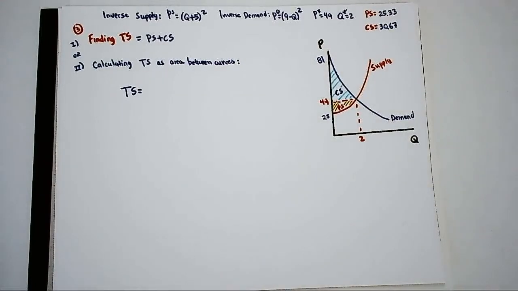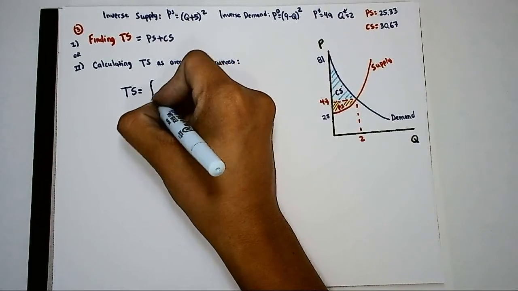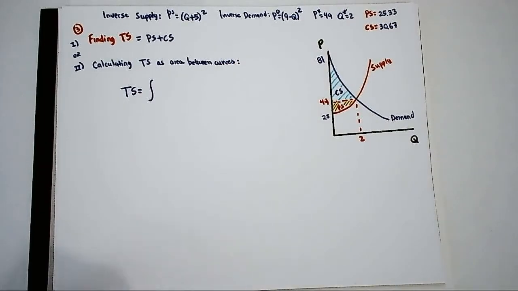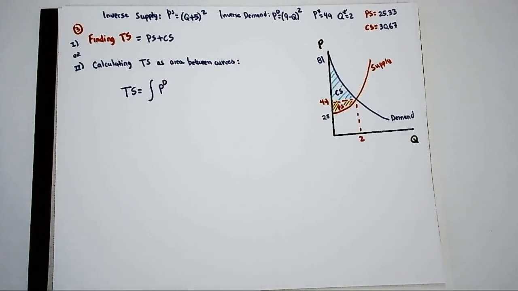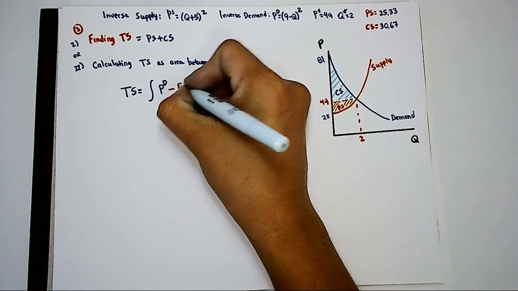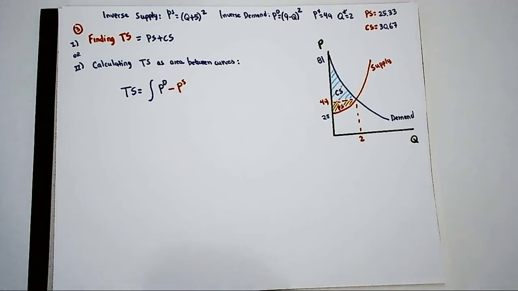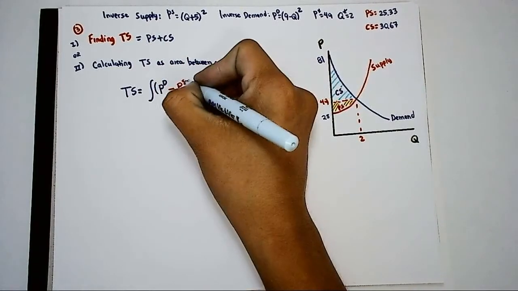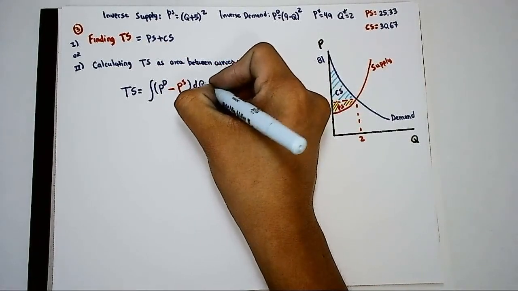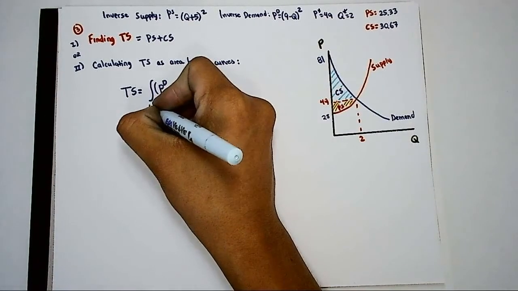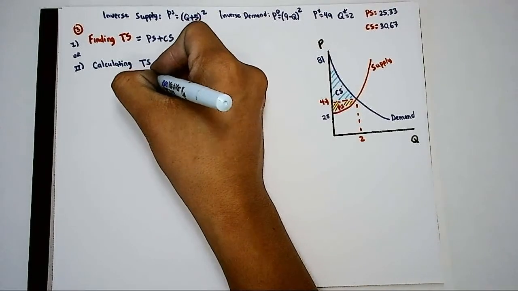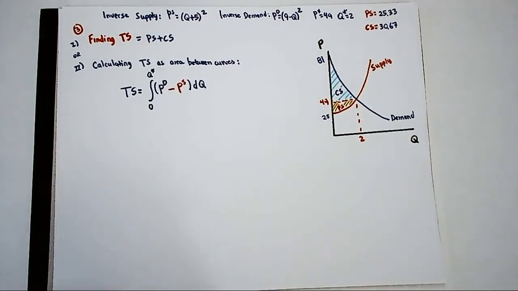In other words, if we want to find this area, we subtract the demand minus the supply, and we integrate that with respect to Q from 0 to the quantity at equilibrium.